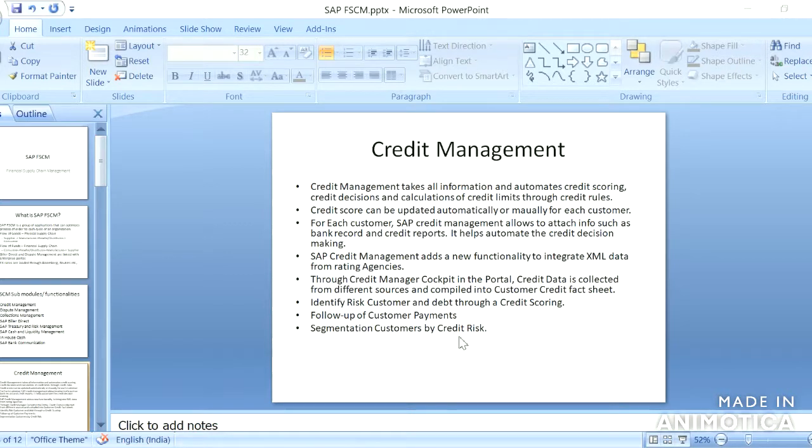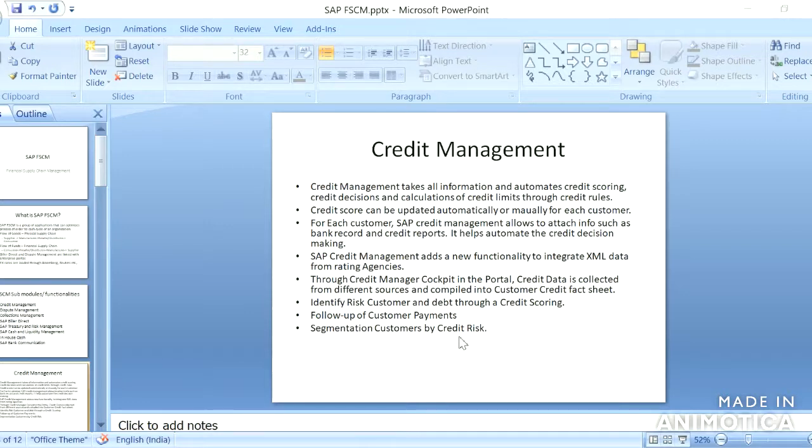So we will segment the customers, meaning group the customers. These customers are high risk, so we stop giving credit to them. These are medium risk. Till this amount these customers are okay, and these are low risk customers, so we will be confident enough to give credit to them.